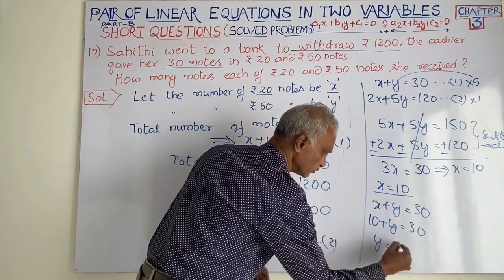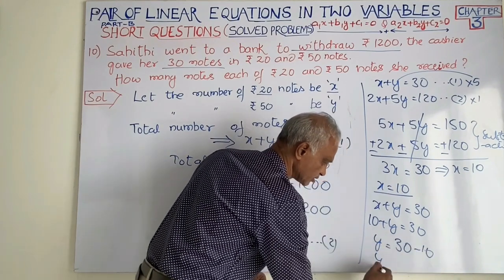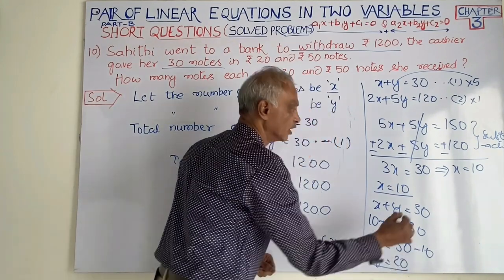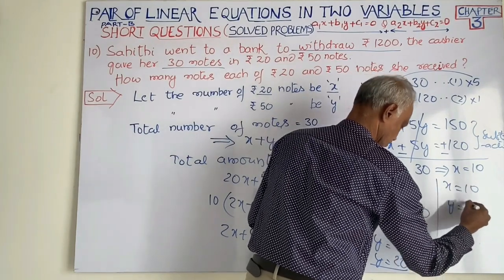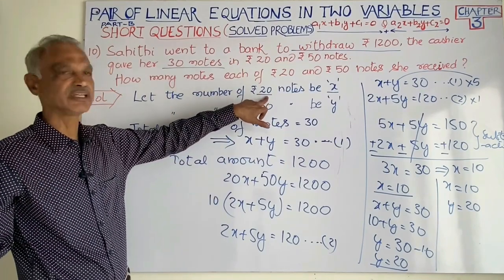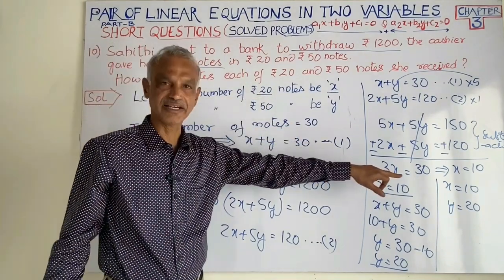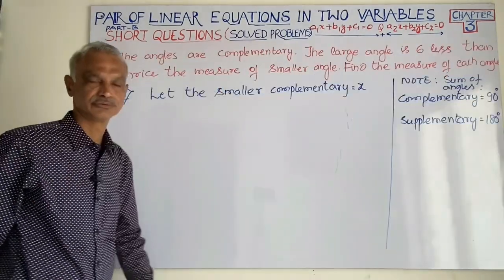Now y is equal to 30 minus 10. y is equal to 20. Now you got x is equal to 10 and y is equal to 20. The number of 20 rupees notes is 10, and the number of 50 rupees notes is 20.